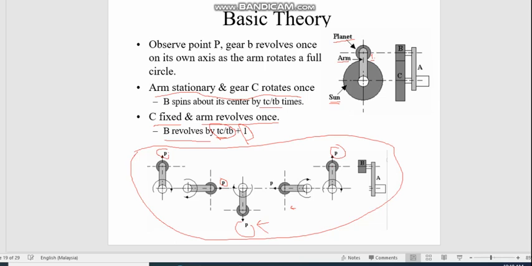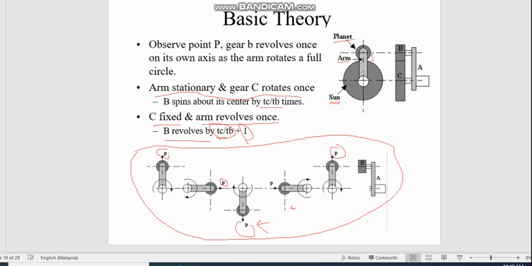So you have this additional one revolution due to the fact that, even though the planet gear does not mesh with the sun gear, the arm revolved once, so the planet gear actually revolves once.